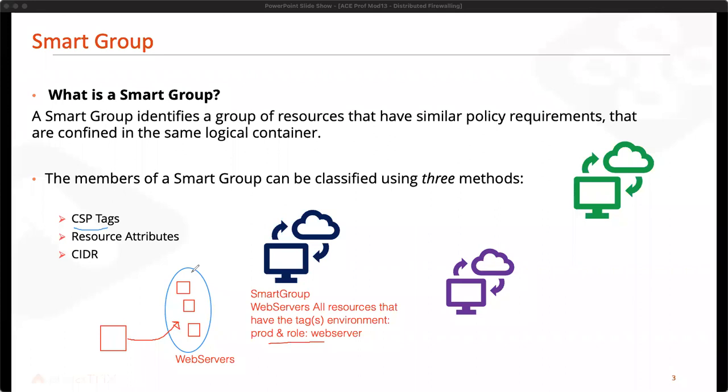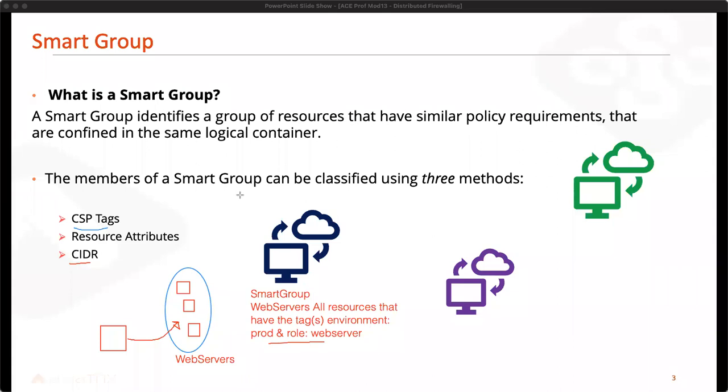Okay, and I would say this is the most common way of putting resources in smart groups. You can obviously do CIDRs because many times, for example, you want to have a policy that allows your public address. The other use case is that we now extend our data plane to on-prem with Aviatrix Edge.